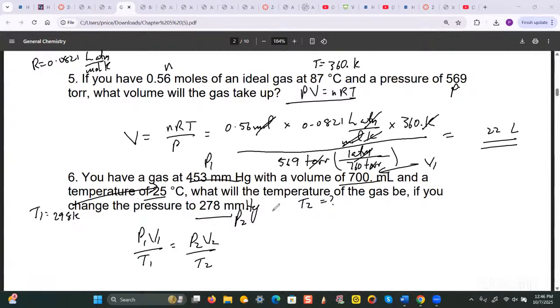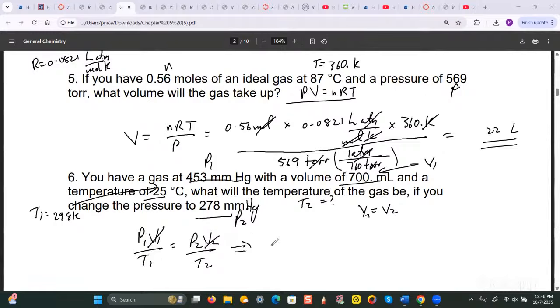The volume will change. Oh, my bad, I misspoke. It's the volume that won't change, right? The temperature changes from the initial temperature, 298 Kelvin, to what the question is asking for. So we can simplify this equation because V1 is equal to V2, so these two will cancel out. You're going to end up with P1 over T1 is equal to P2 over T2.